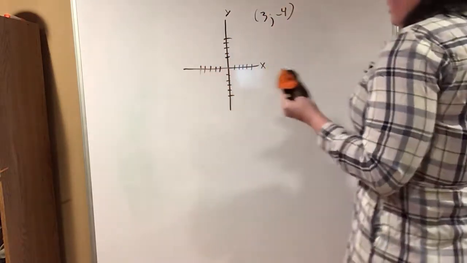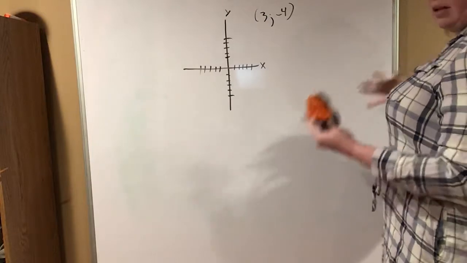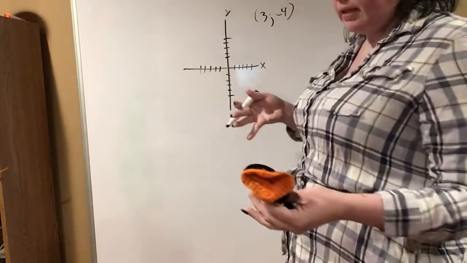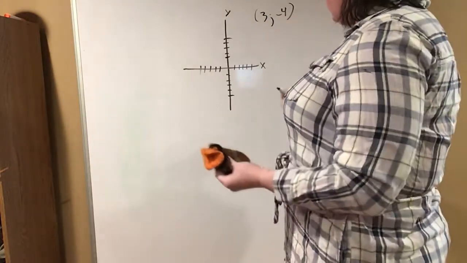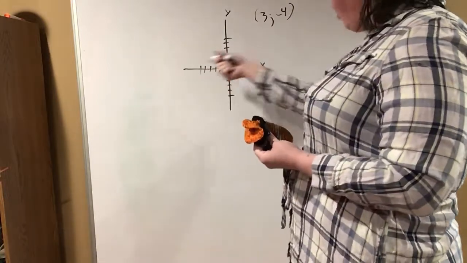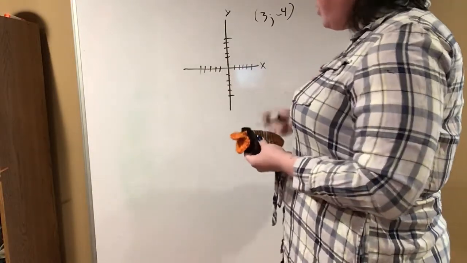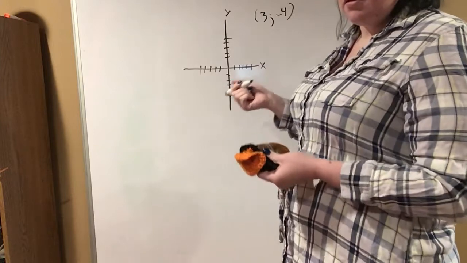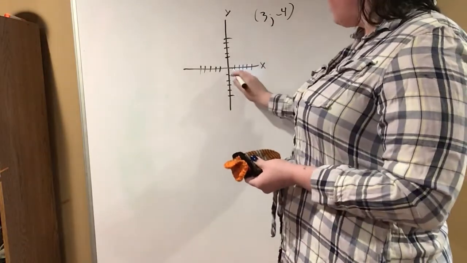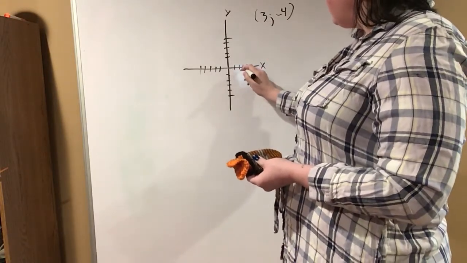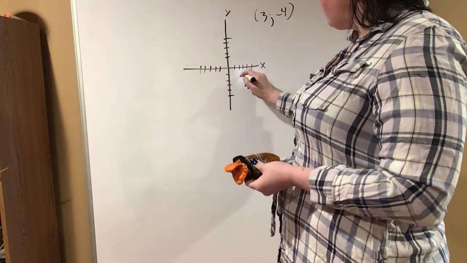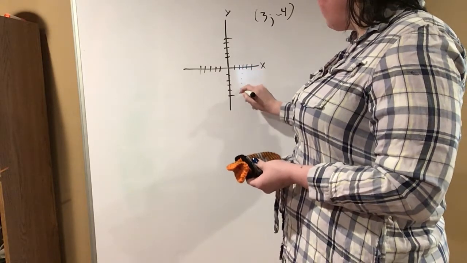So the way that I learned this, and that I always love to repeat it, is first of all, to find your point, you have to walk to the elevator before you can choose to go up and down. So I have to walk 3 spaces, and then I'm choosing to go down 1, 2, 3, 4.